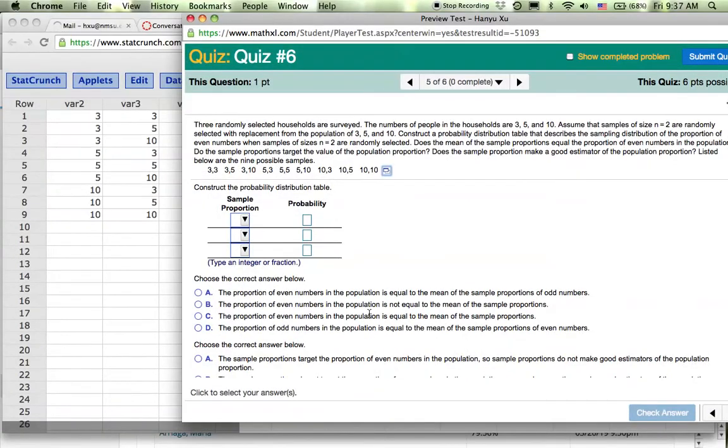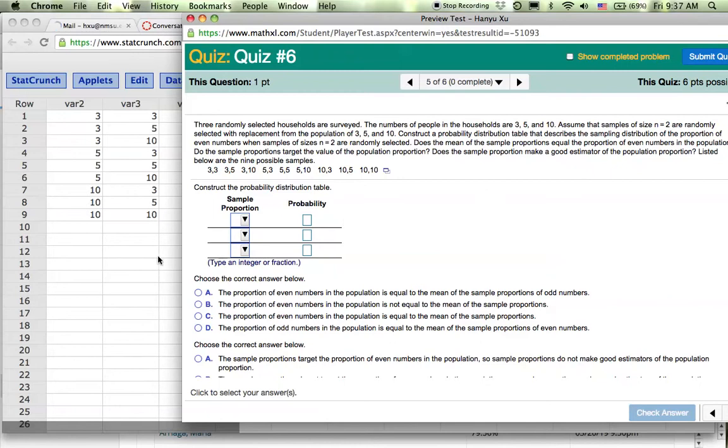So you want to know whether that equals the population proportion. Your population is 3, 5, and 10. This is your population, and the population proportion is the proportion of even numbers in your population. So you have 10 as your even number out of those 3, so the population proportion is 1/3.